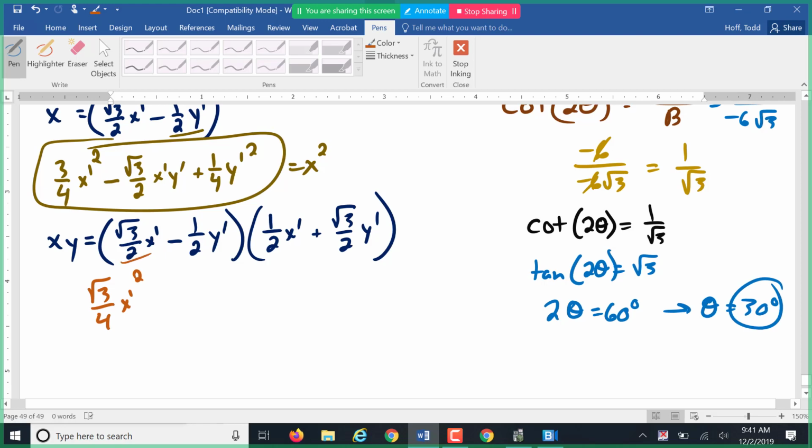Square root of 3 over 2 x times the square root of 3 over 2 y is 3/4 x prime y prime. And negative 1/2 times positive 1/2 is a negative 1/4 x prime y prime. And negative 1/2 times square root of 3 over 2 y prime is a negative square root of 3 over 4 y prime squared.